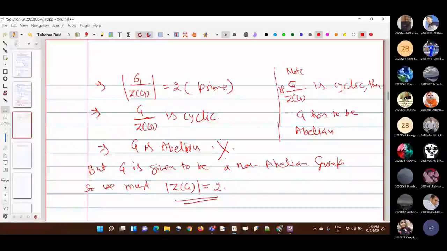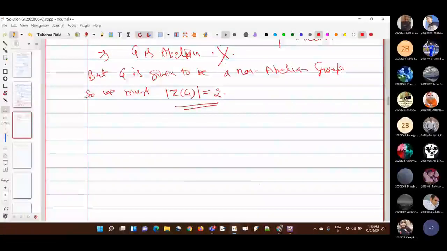So can you tell me what is a possible group they are talking about? It should be of order 8, it should be non-abelian, and its center should have exactly 2 elements. Do you remember any example? What about Q8? You have plus minus 1, plus minus i, plus minus j, plus minus k.